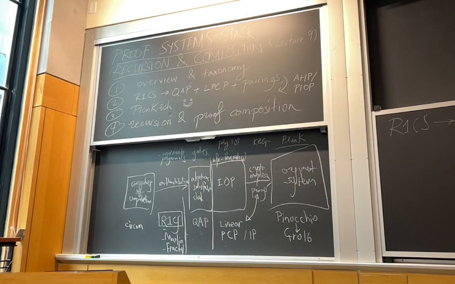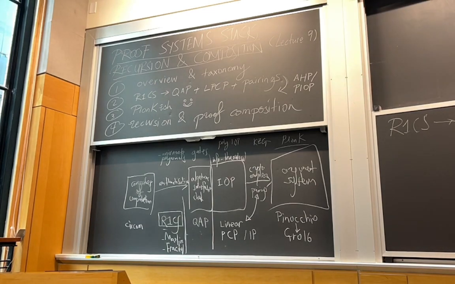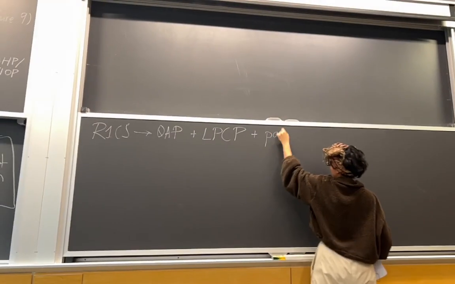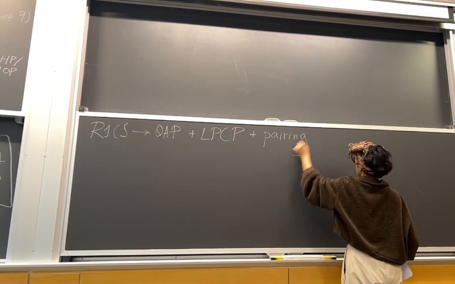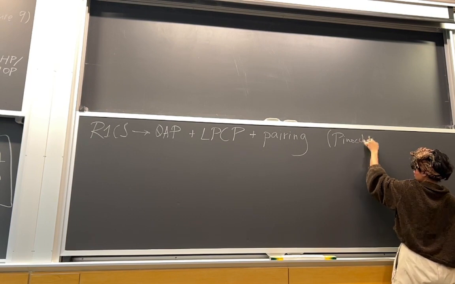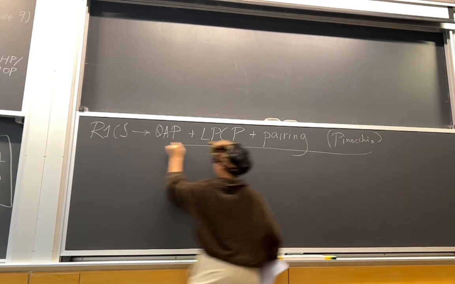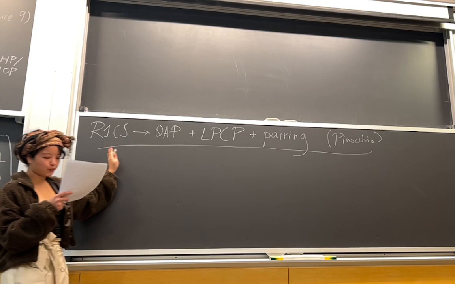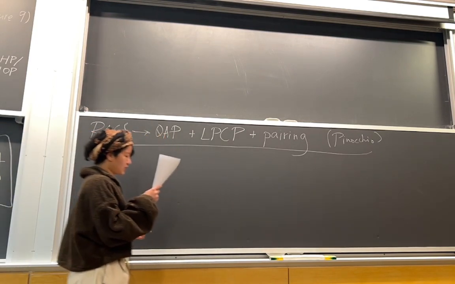So let me write out the whole stack again. We go from R1CS to QAP. To check the QAP, we use linear PCP. And then to instantiate the linear PCP, we use pairing-based cryptography. This is the stack used by Pinocchio. So we're going to break this down into 3 steps.